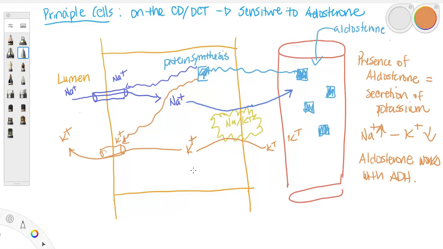All right, let's see. So the last thing we need to talk about, we'll talk a little bit about pH. So let's talk about pH and a little bit about how micturition occurs.